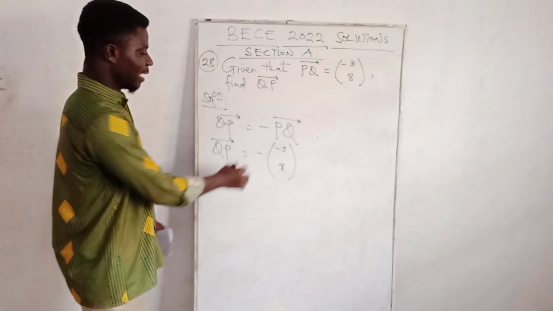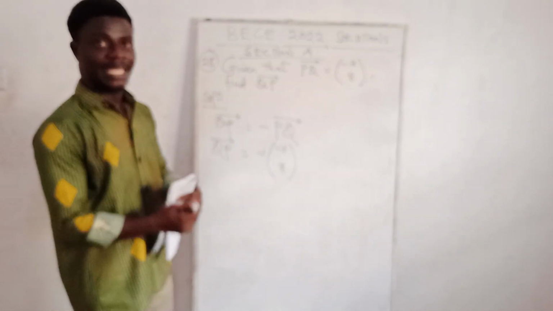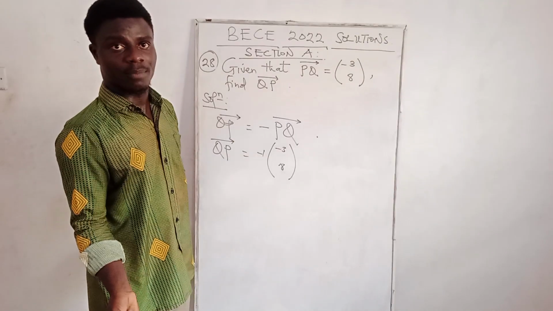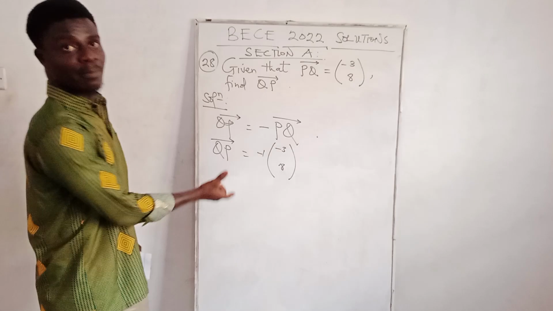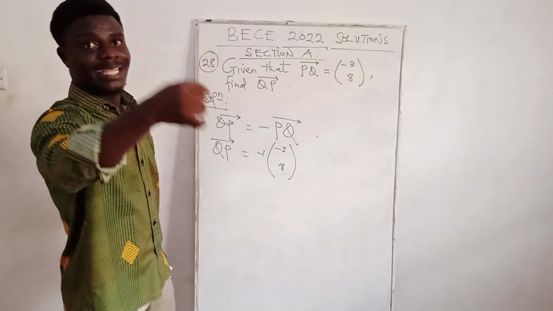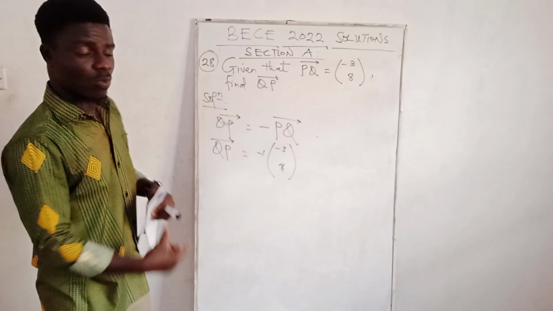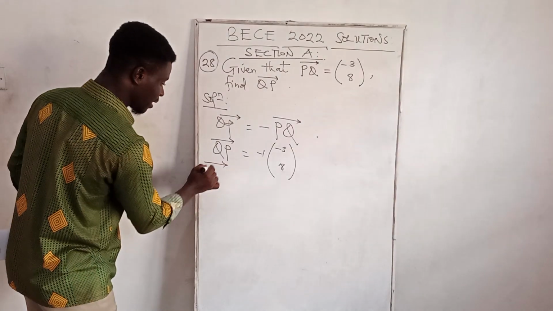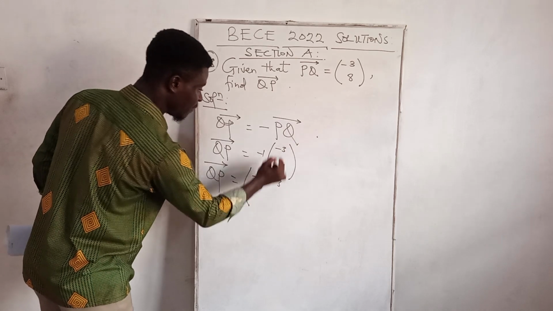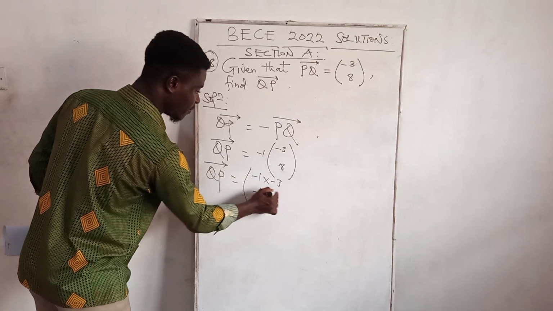Now this negative 1 is multiplying a vector, so this one is a scalar, or a number. If you multiply a scalar by a vector, you multiply the scalar by the x component, and the same scalar by the y component. So vector QP is equal to negative 1 times negative 3, negative 1 times 8.